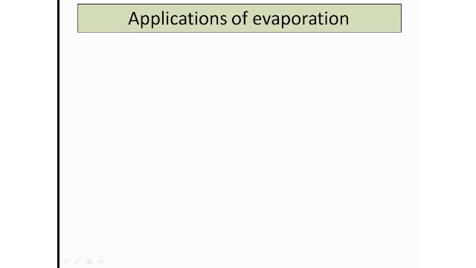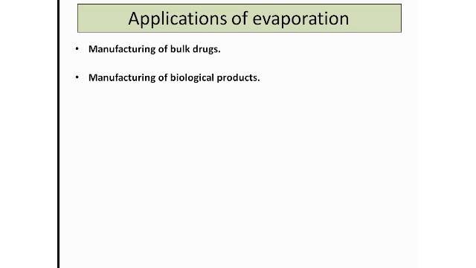Now, applications of the evaporation process in pharmaceutical operations. First of all, in the manufacturing of bulk drugs, different APIs are prepared by the process of evaporation. The evaporation process is generally used to make concentrates. Next, biological products like vaccines, serums and interferons are generally concentrated by using evaporation.